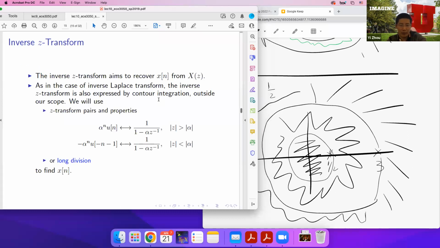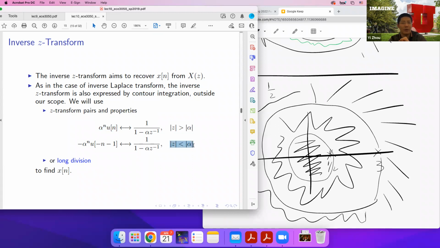Once we know the basic properties of the ROCs, we can start to talk about the inverse Z transform. Again, here we'll basically leverage some existing pairs of Z transforms to help us identify the inverse. If we are given such a Z transform with such an ROC, where the ROC is outward of a circle, then the corresponding signal is a right-sided signal.